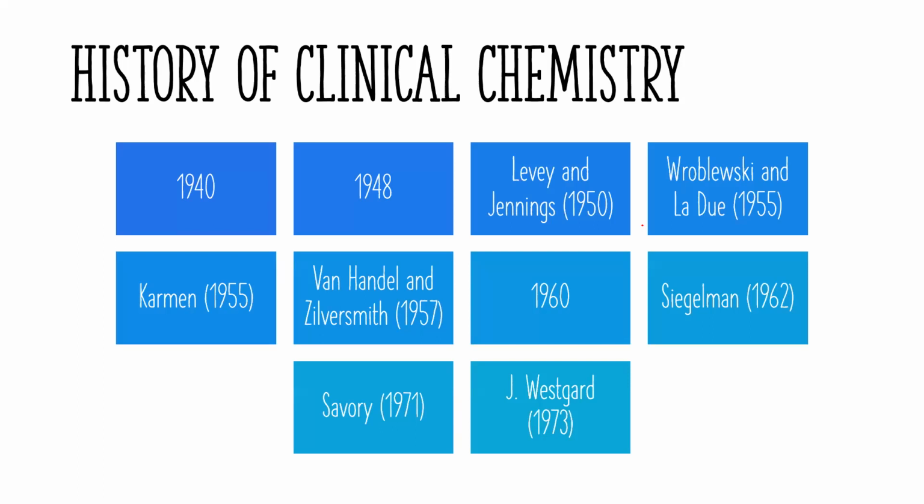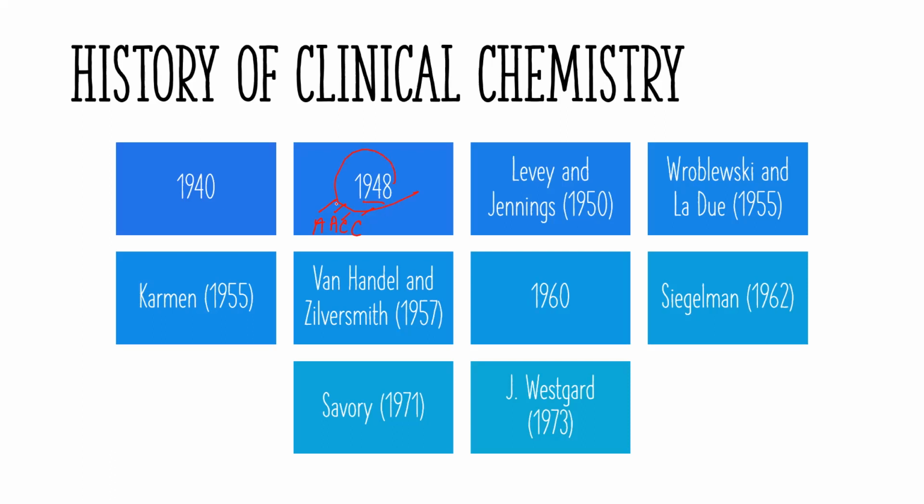In the year 1940, visual colorimeters began to be replaced by photoelectric colorimeters. In the year 1948, the AACC, the American Association of Clinical Chemistry, was founded.